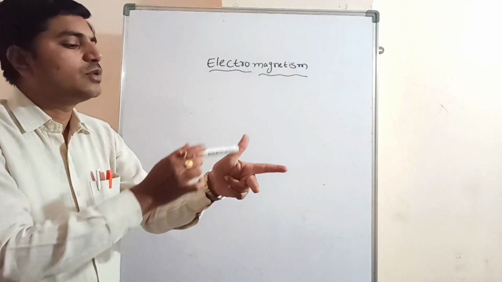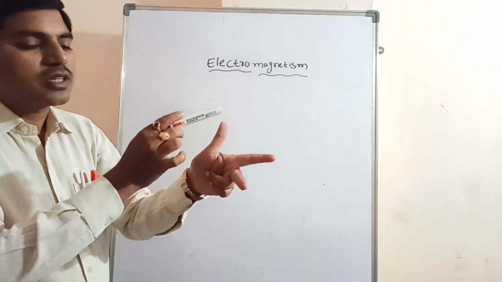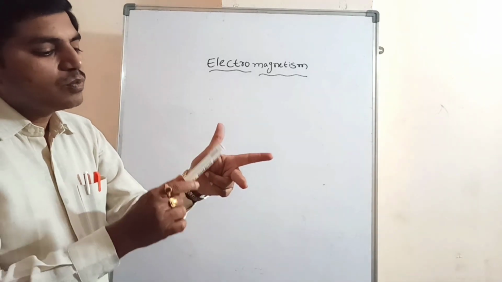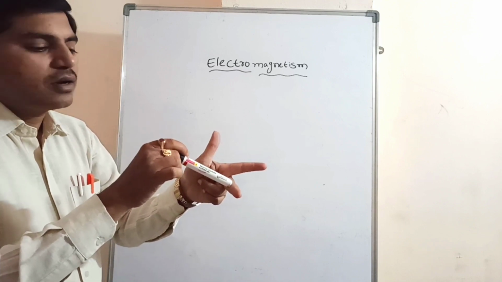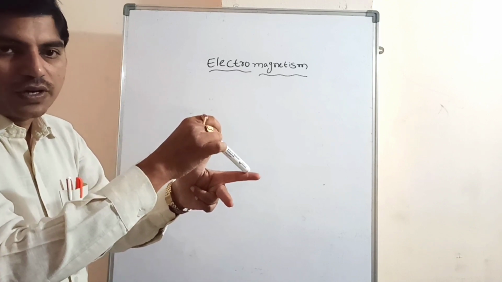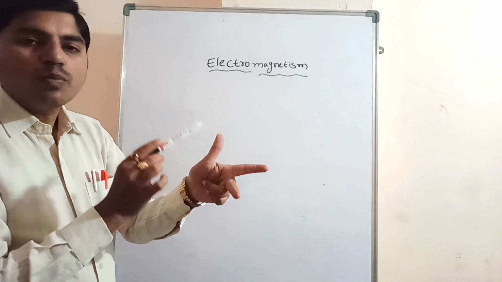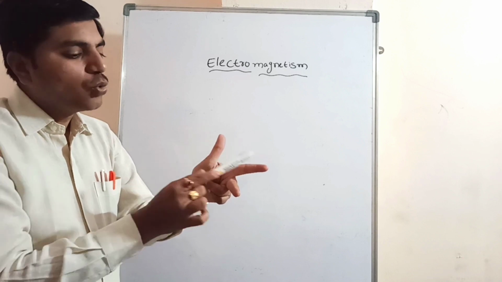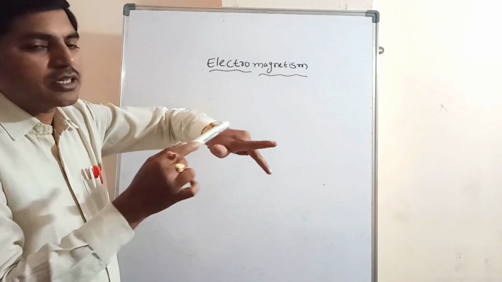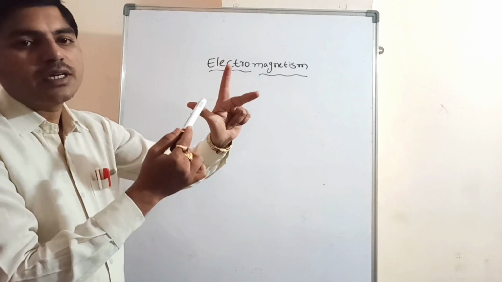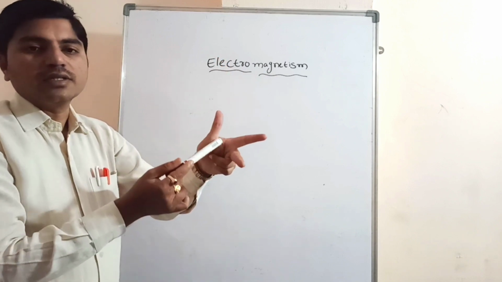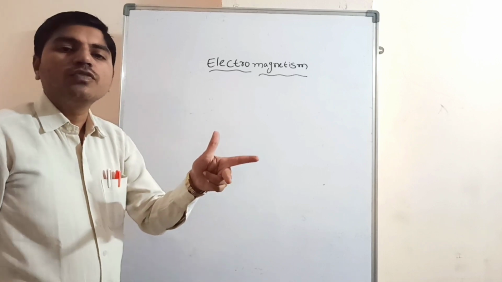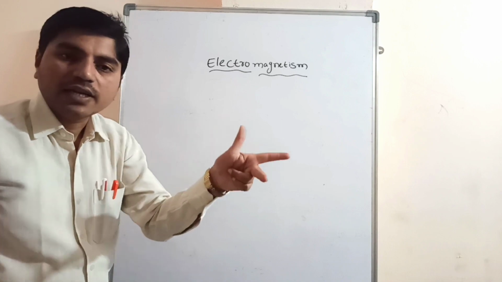The thumb direction is the resultant force between the magnetic field density and the electric current. The resultant force is perpendicular to both, at 90 degrees to each. So this is the right hand rule. We can easily identify how much force is acting on it.